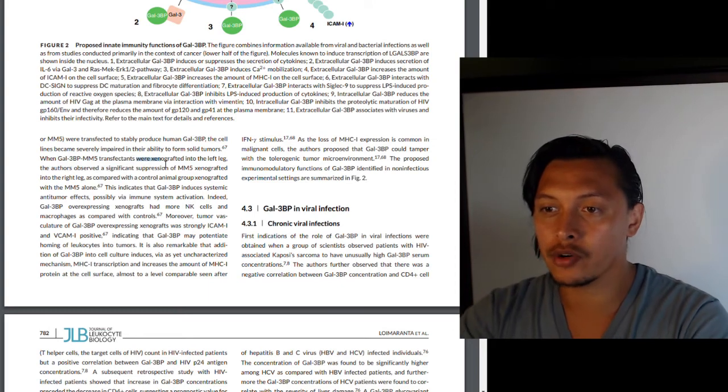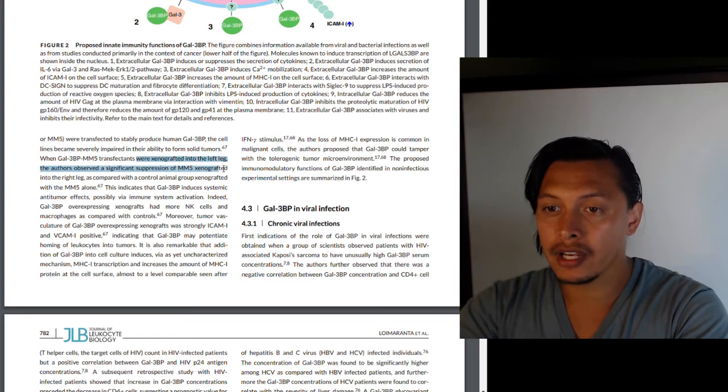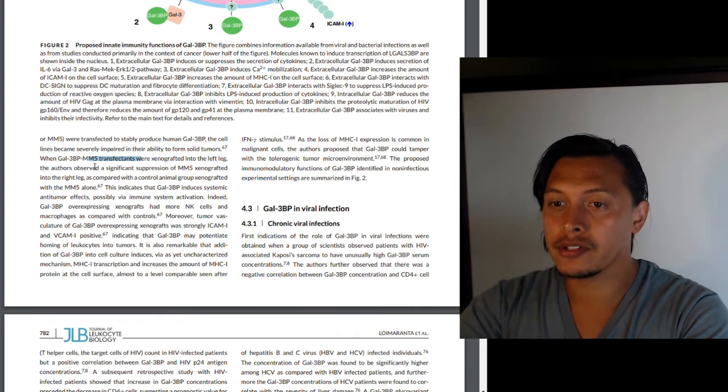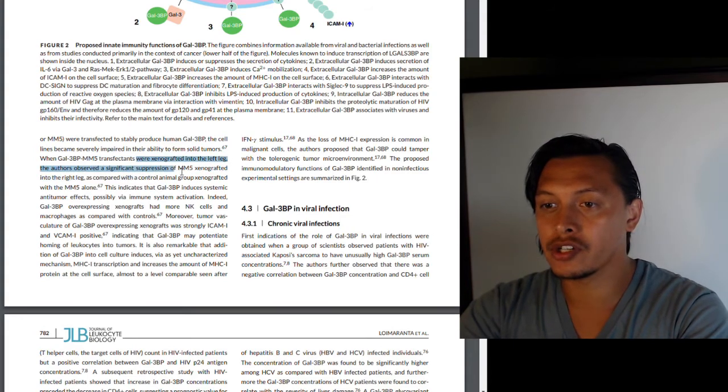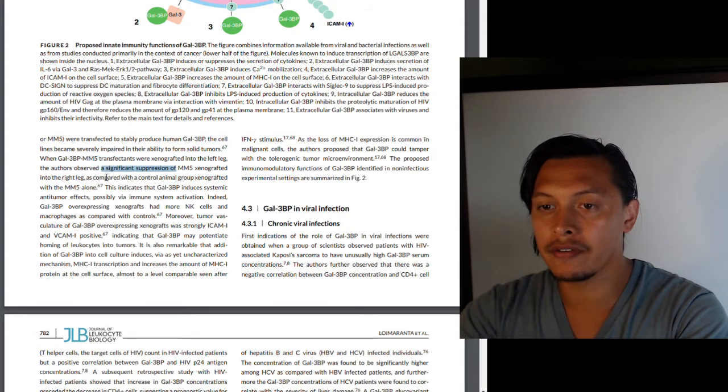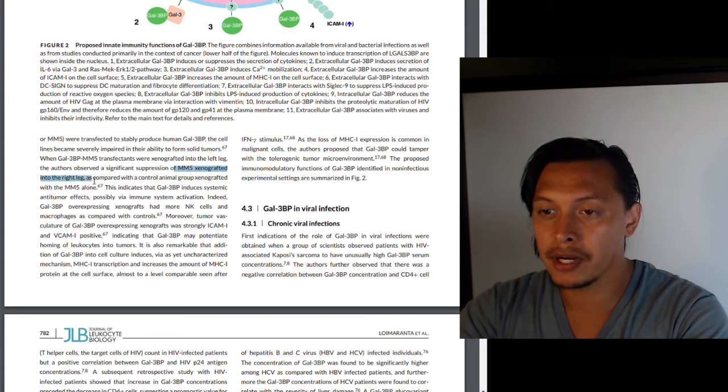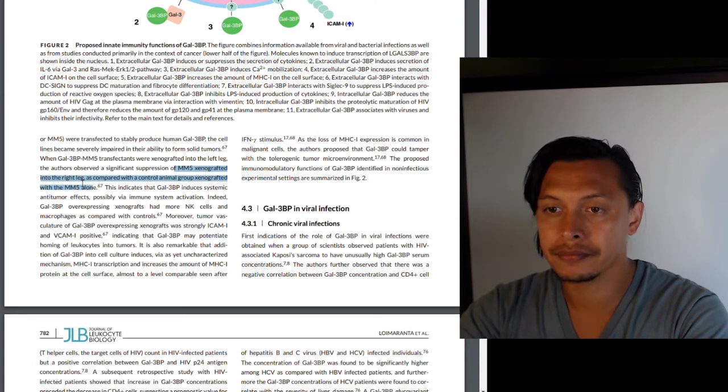So when galectin-3 binding protein MM5 transfectants were xenografted into the left leg, the authors observed a significant suppression of the MM5 xenografted into the right leg as compared with the control animal group xenografted with MM5 alone.